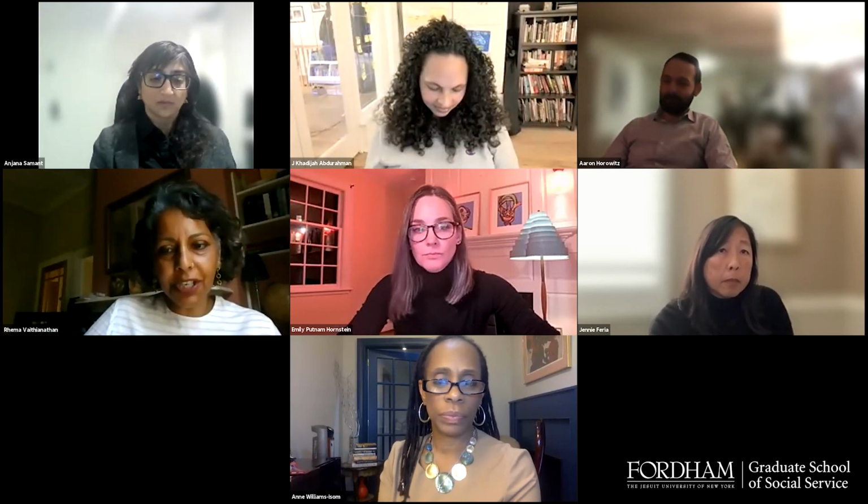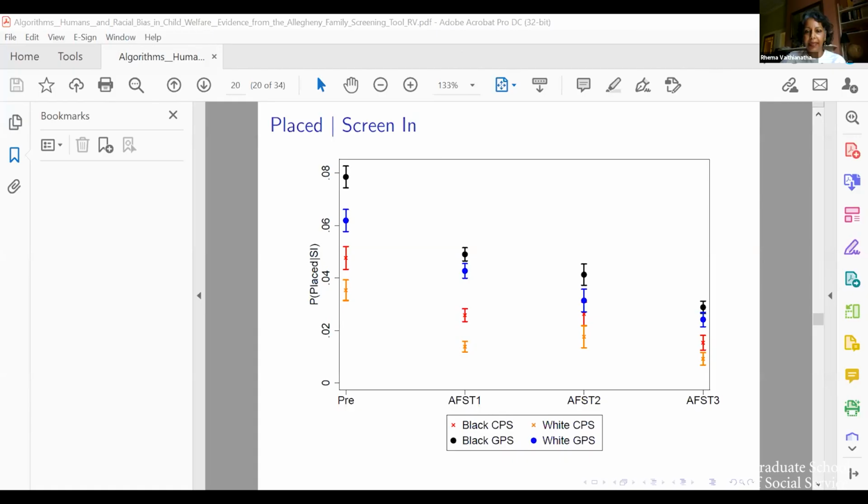So I just want to share with you the slide of our evaluation of racial disparities following AFST. This is removal rates before, conditional on being screened in. This is Black GPS. Blue is white.